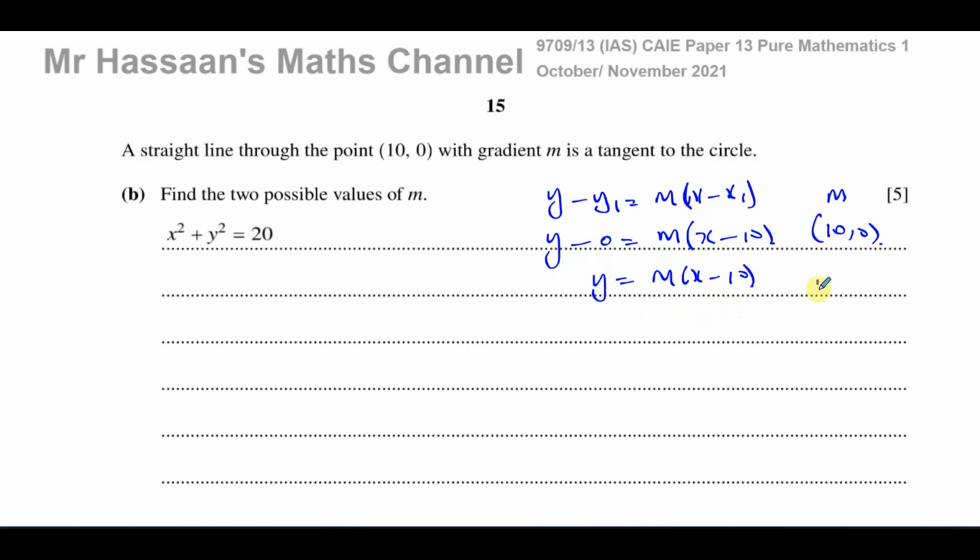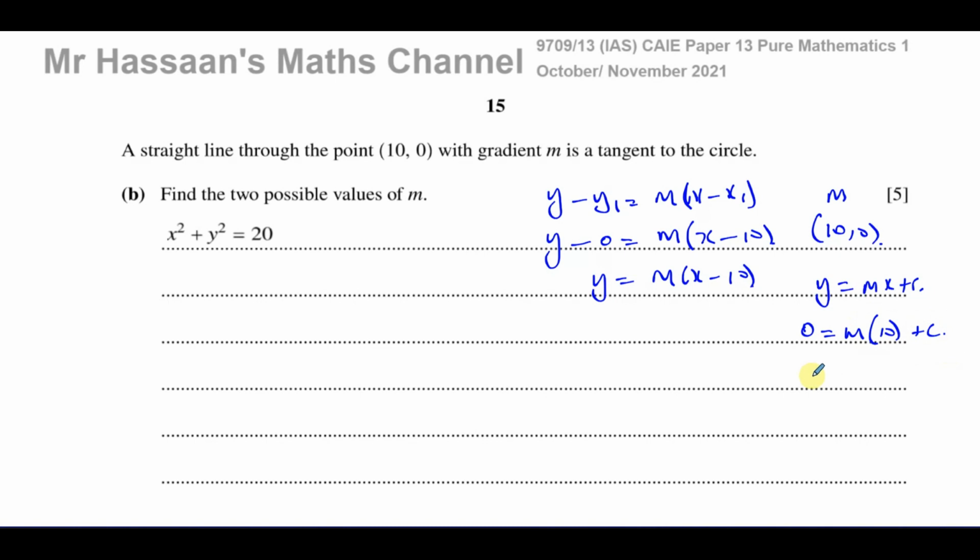But we could also do this by using y equals mx plus c. So we can say that here y is 0, and we want to find m. So y is going to be 0, m is going to be m, x is going to be 10, plus c.